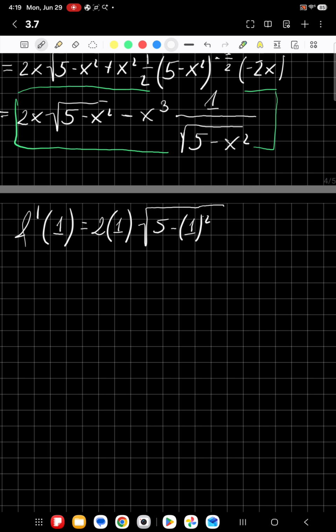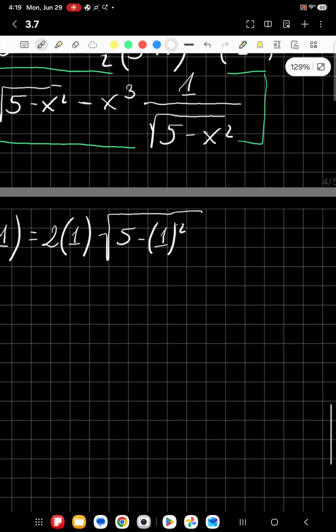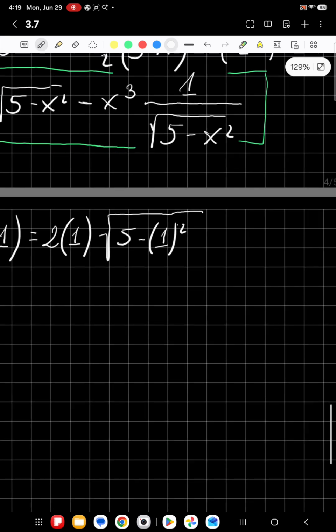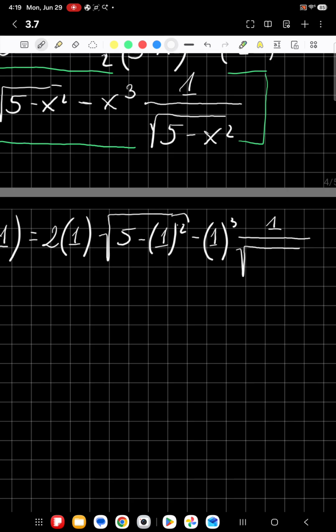I'm writing too big and won't be able to fit it, so let me shorten this a little bit. Now we have minus 1 to the third, times 1 over the square root of 5 minus 1 squared.